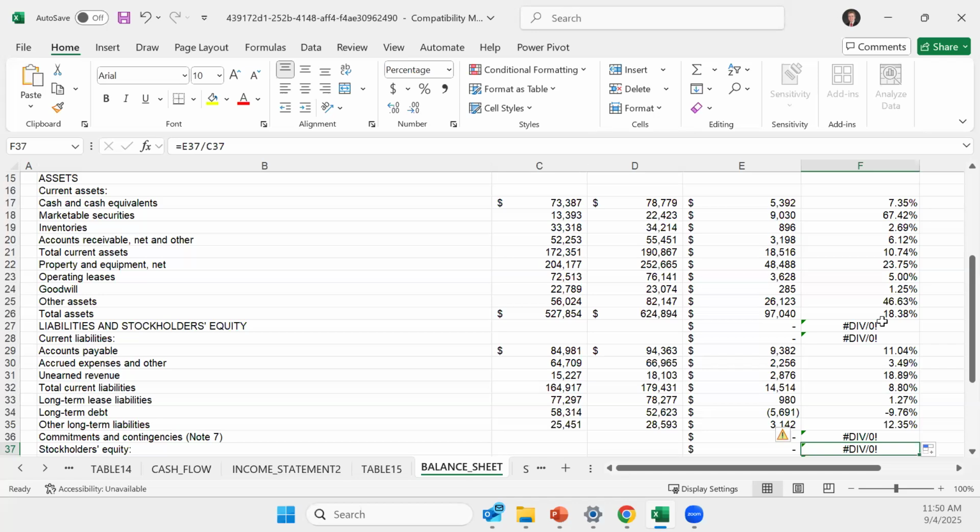If the goodwill increased by 46%, goodwill is an intangible asset that's created when you acquire a business, when Amazon buys a business for more than the value of that business's assets are worth.